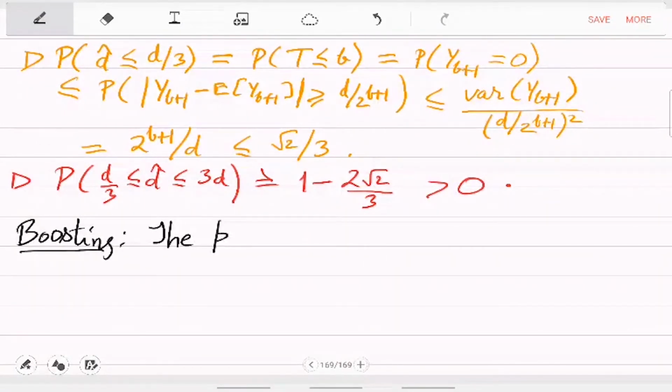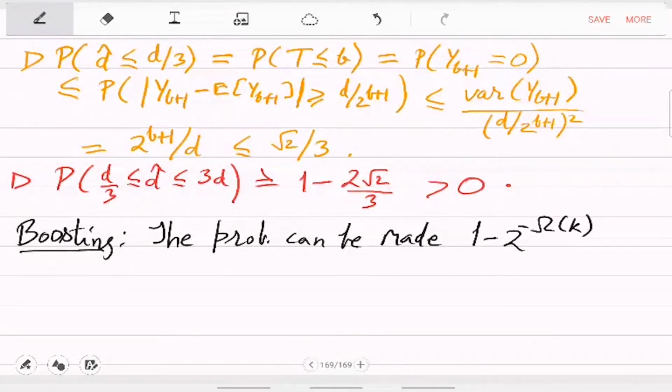So, the probability can be made 1 minus 2 raised to minus k, which means as close to 1 as you want.